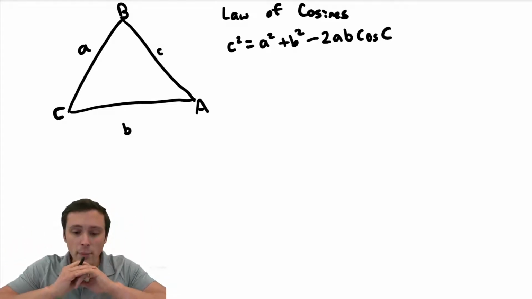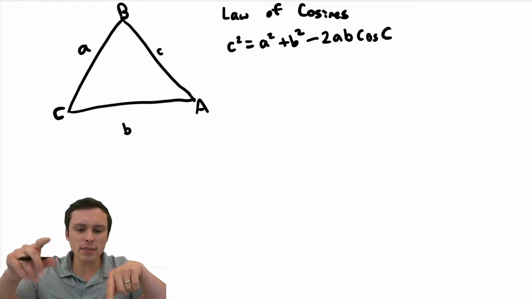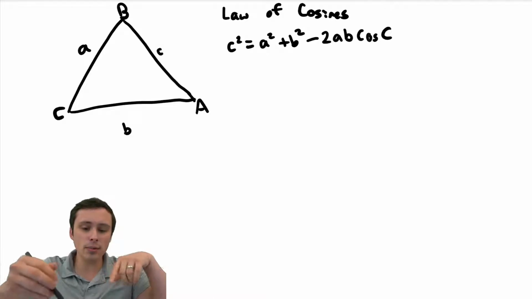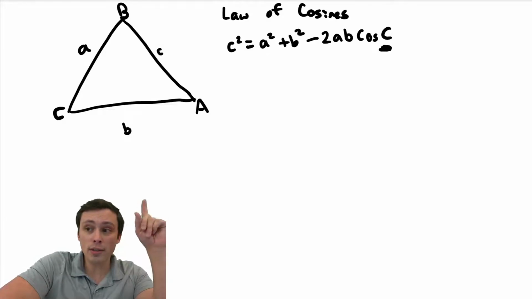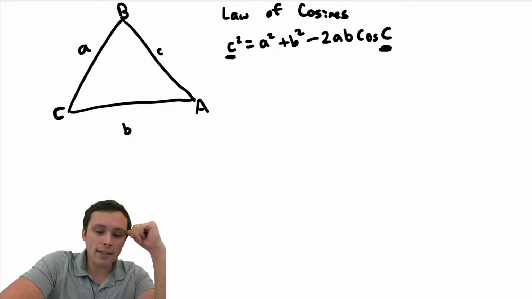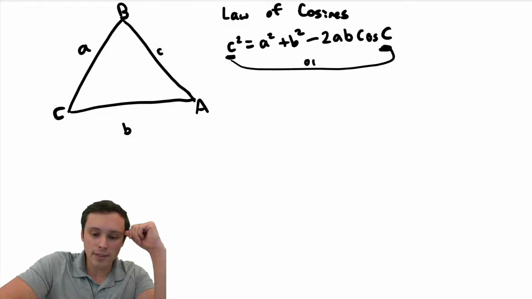All right, but also, by the way, you could do this for any of the letters because a, b, and c were not special. So the main thing you should keep track of is that there's only one cosine in this formula, and it's going to match up with the letter here. So these are opposites, okay? Remember how we labeled this.